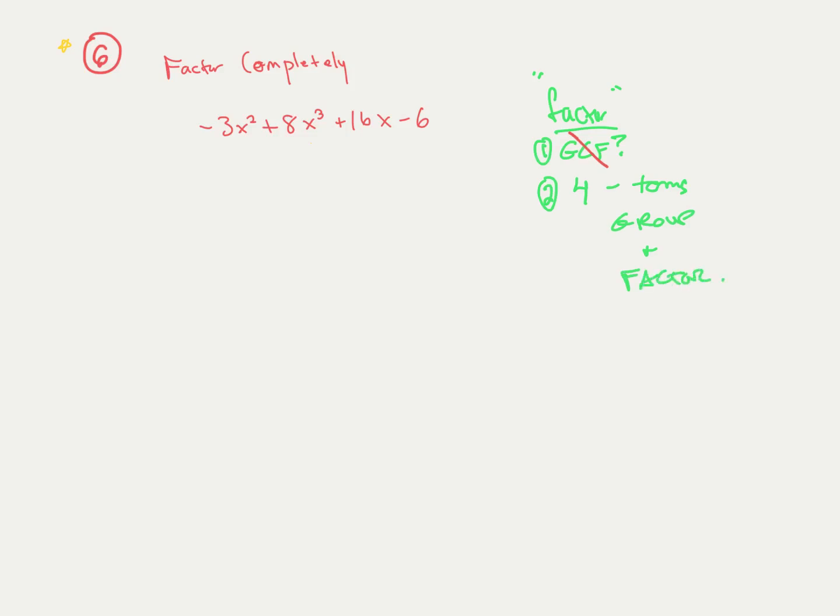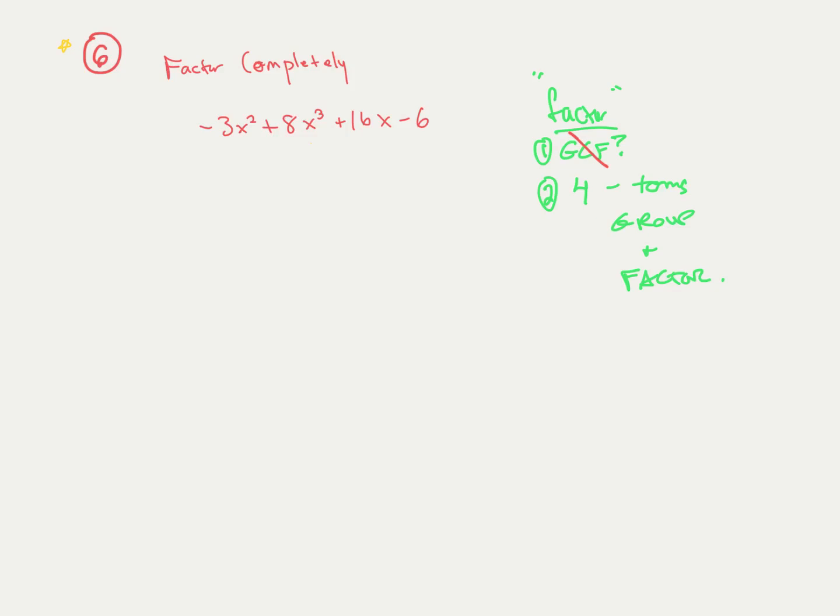One thing I want to do at the start, though, is this is not in descending order, and generally when you're factoring, you do want your terms in descending order. So, which means that this x cubed and the x squared should probably be swapped.